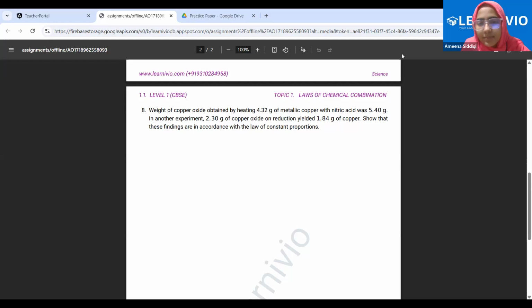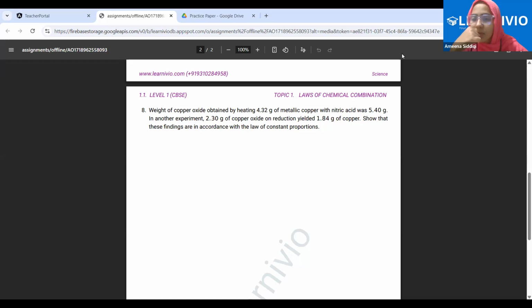Ma'am, for the first part, I'm just going to divide copper and oxygen masses. How much oxygen mass are we taking in the first part? 1.08. And how did you get that? Because ma'am, it says 5.40 minus 4.32. What is 5.40?